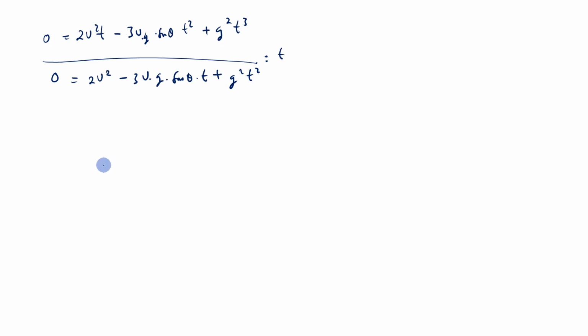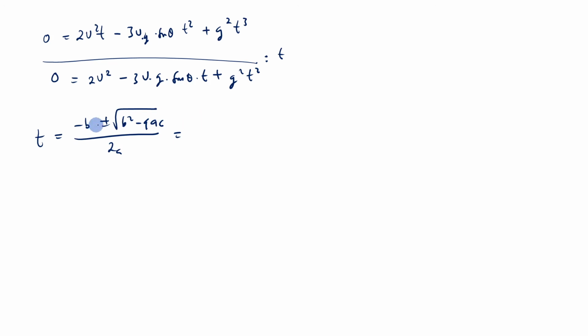Okay, by the quadratic solution, we get t equals minus b plus or minus square root of b squared minus 4ac divided by 2a.